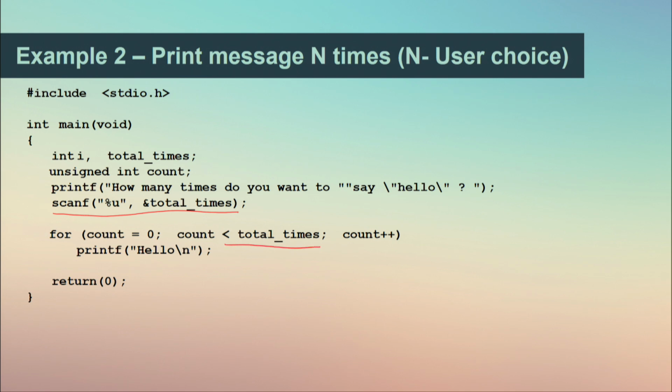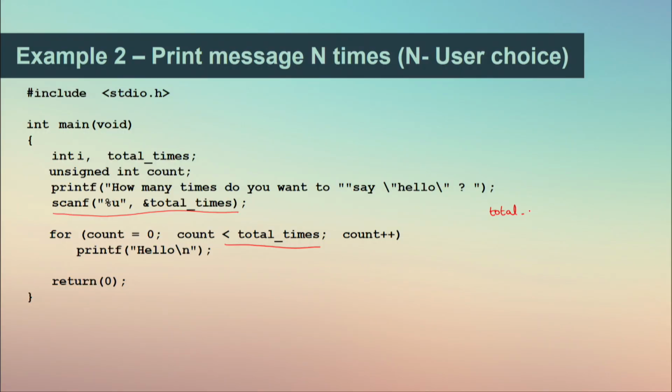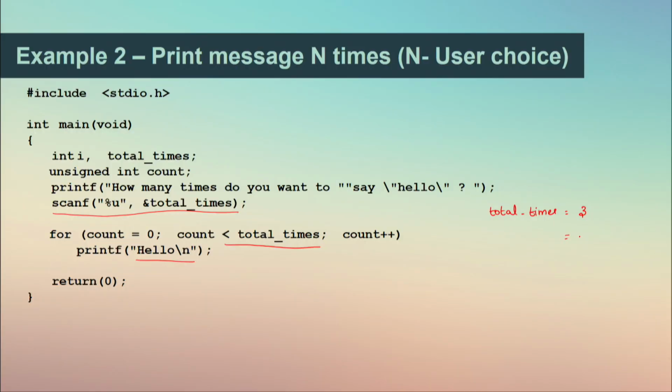So, for the first execution, if I am supplying the input of total times to be 3, then this loop will be executed for 3 times and we will be getting the message displayed for 3 times. If for the second execution I give the value of total times to be 10, then this value will be replaced with 10 and now we will be able to get the display of the message 10 times.